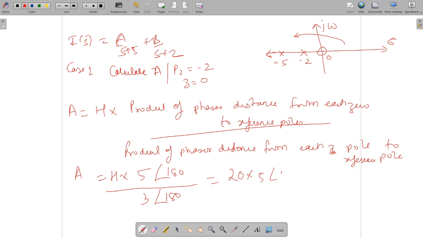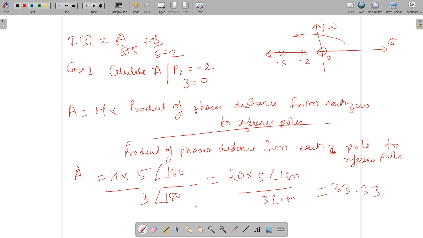So 5 angle 180 upon 3 angle 180. If you solve this expression, you will get the value as, suppose, 100 by 3, that is 33.33 will be your A value.